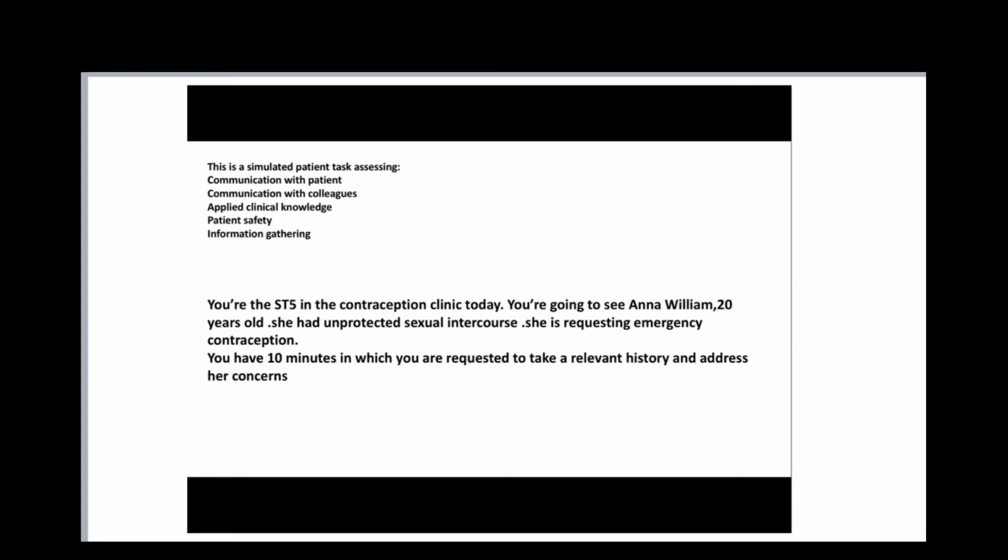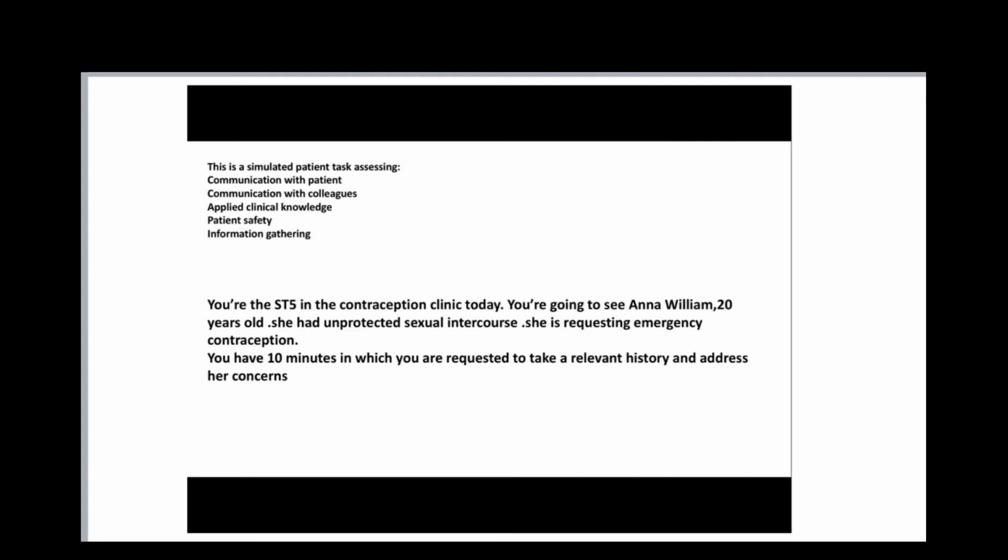And ask her whether the first time she got any emergency contraception or not. Insist to her that there is a high possibility of getting pregnant, and advise her to use a long-term contraceptive method, which is the intrauterine device. This is if she is having it for the second time or recurrently in the same cycle. But if it is the first time, you will be okay.